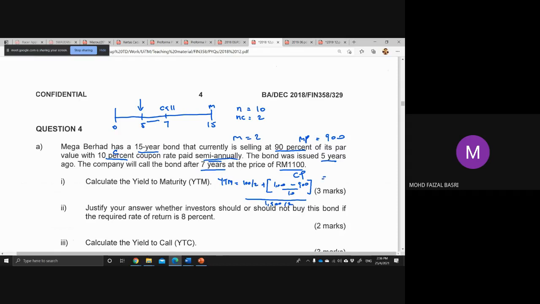And based on this, 100 divided by 10 plus 50 divided by 1,900 divided by 2, so the rate is 6.32%. Okay, so this is the YTM, yield to maturity, based on the semi-annual, 6.32%.